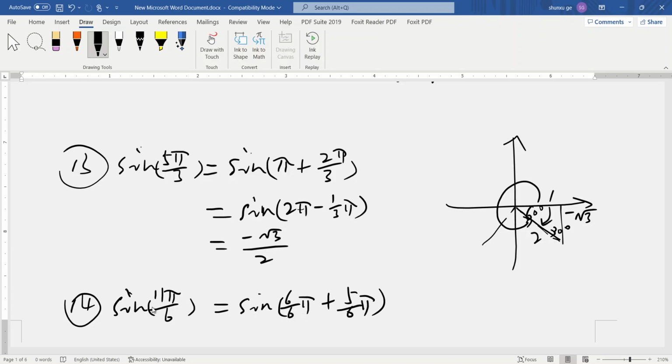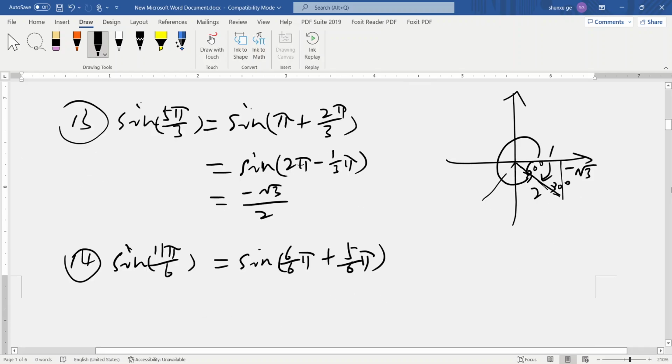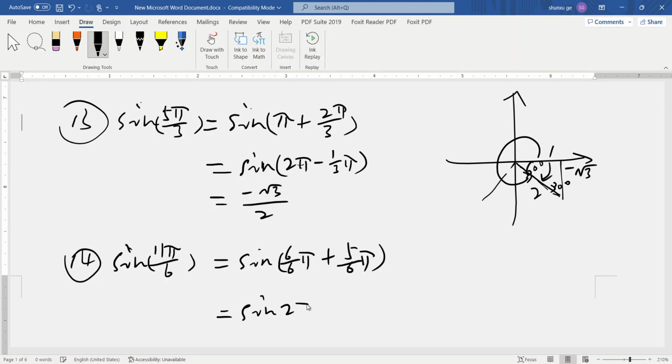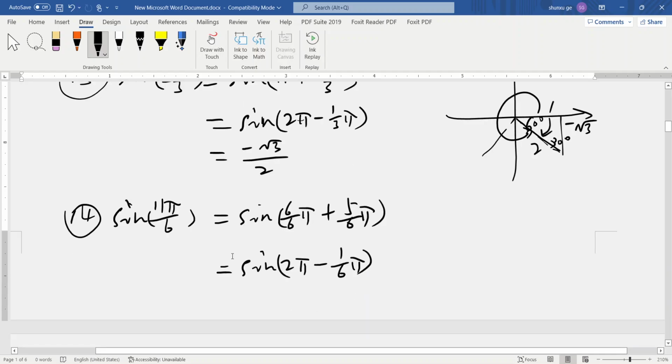Okay, totally 11 pi over 6. So also equal to 2 pi minus 1 over 6 pi. Okay, now graph it.